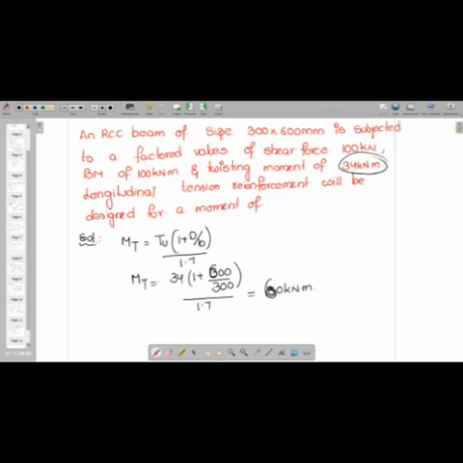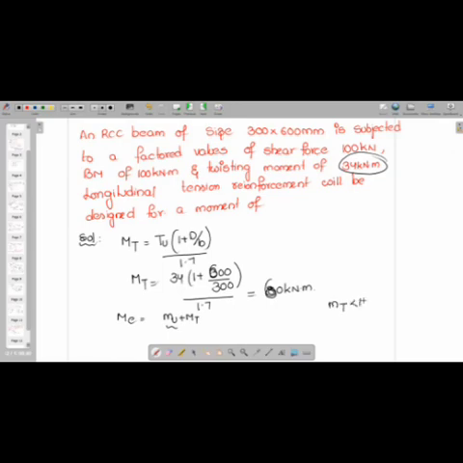Sorry, sir. Now tell me, sir, longitudinal tension reinforcement will be designed for what? Here you have to calculate the equivalent moment. Equivalent moment is equal to Mu plus Mt. Is Mt greater than Mu?